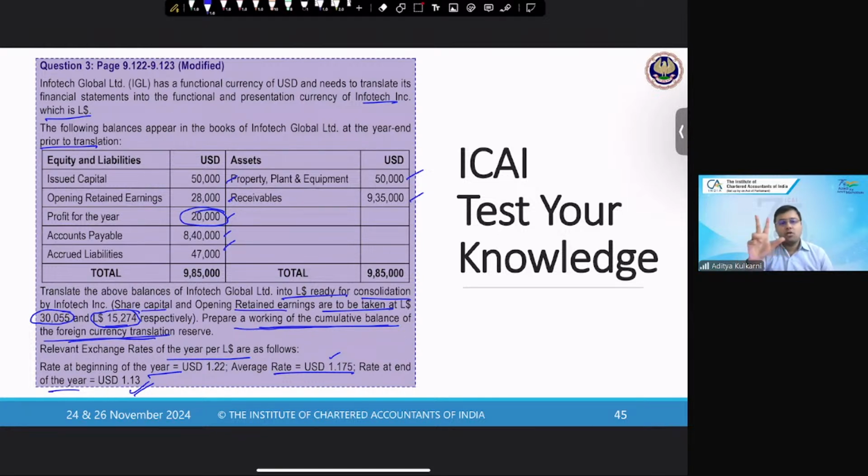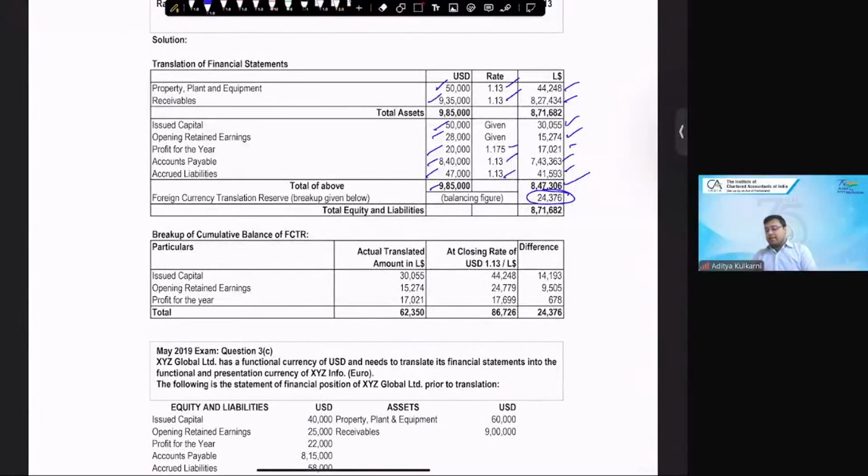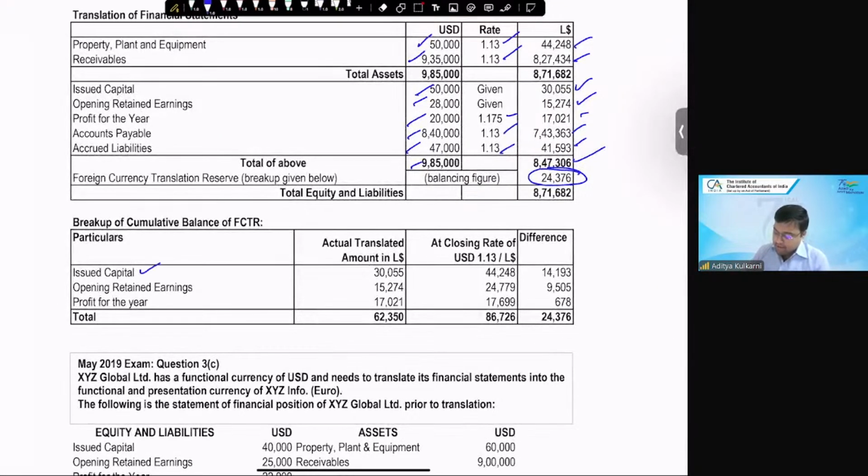So for these three items, if I compare the closing rate versus what I have considered, that should give me the FCTR. If I look at the interpretation of FCTR or where it is coming from: issued capital, if I take it at 1.13, comes to 44,248, but yours is only 30,055.